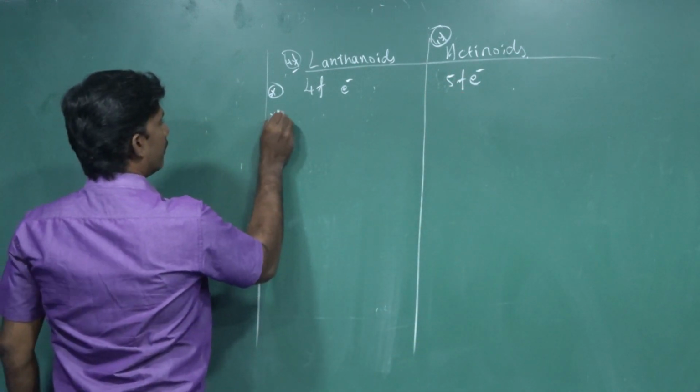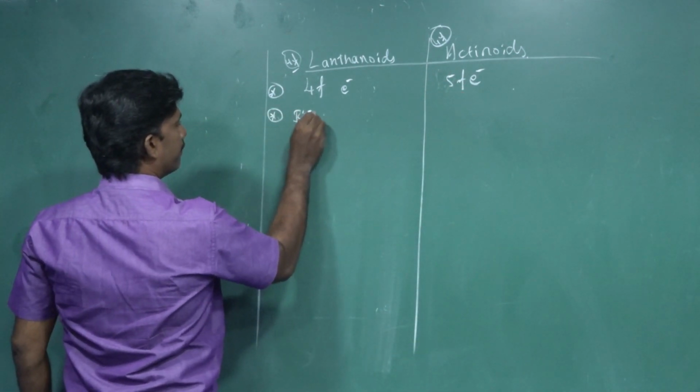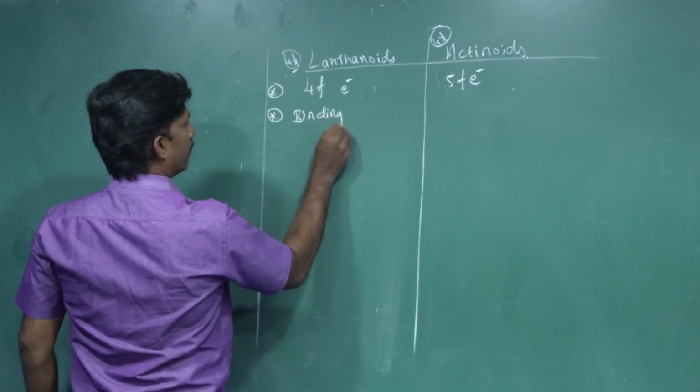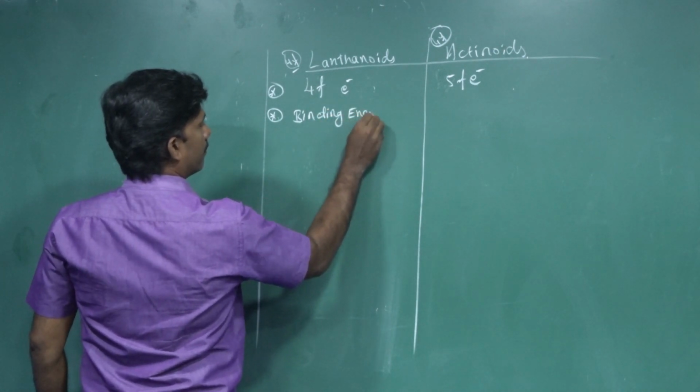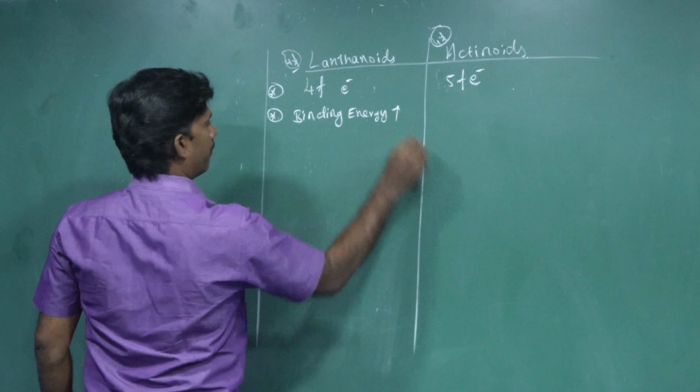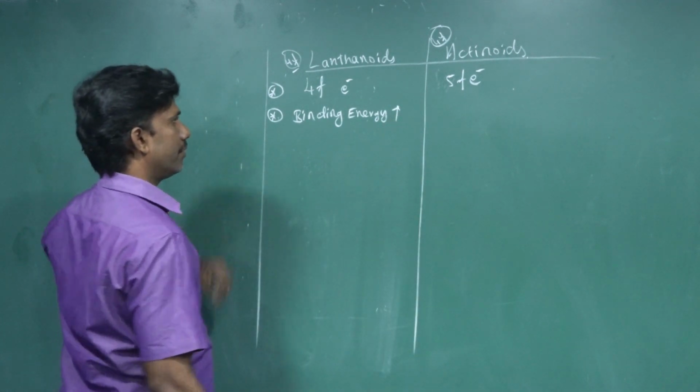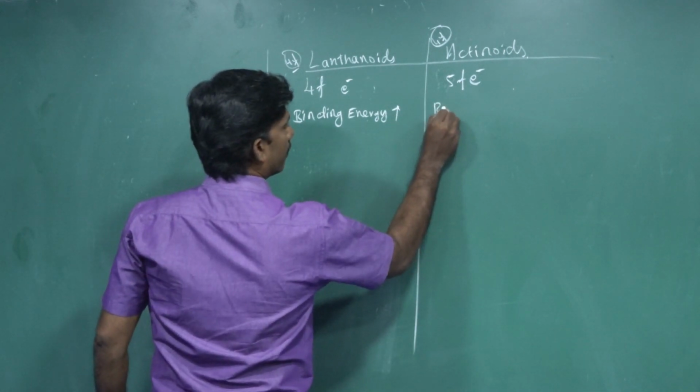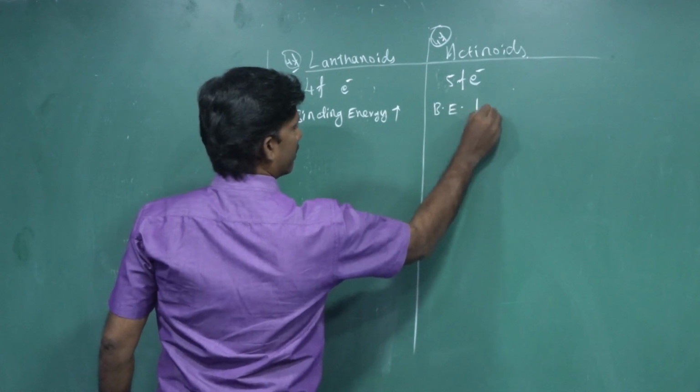Then regarding binding energy: the binding energy of lanthanides is comparatively greater than that of actinides. In actinides, the binding energy is less.